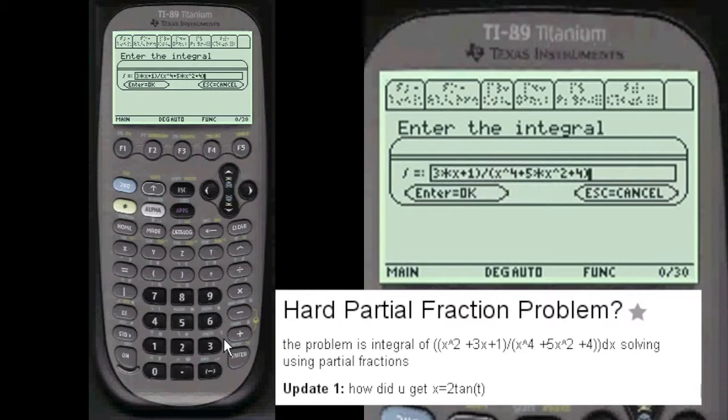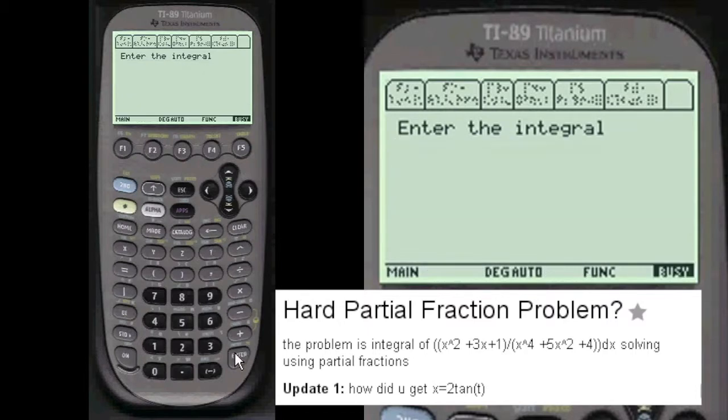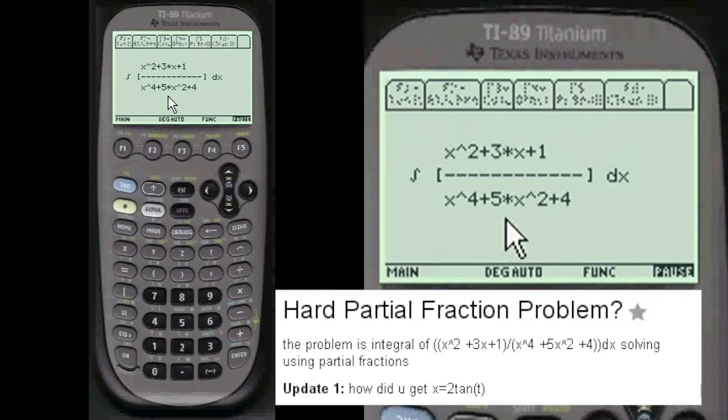Close off the parentheses. I always show you what you've entered.